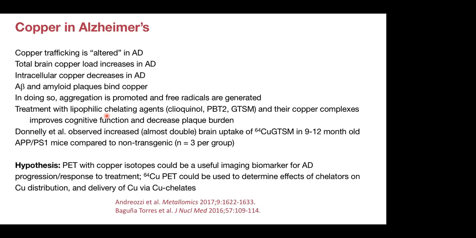So we hypothesized that PET with copper isotopes could be a useful imaging biomarker for Alzheimer's disease progression, possibly response to treatment. And maybe also copper-64 PET could be used to determine the effects of chelating therapy on copper distribution and on the delivery of copper via copper chelates. This work has been reported in a couple of papers that you can see there.